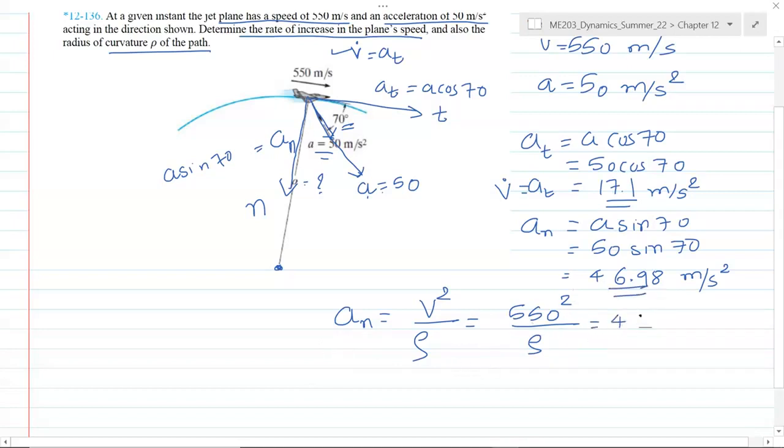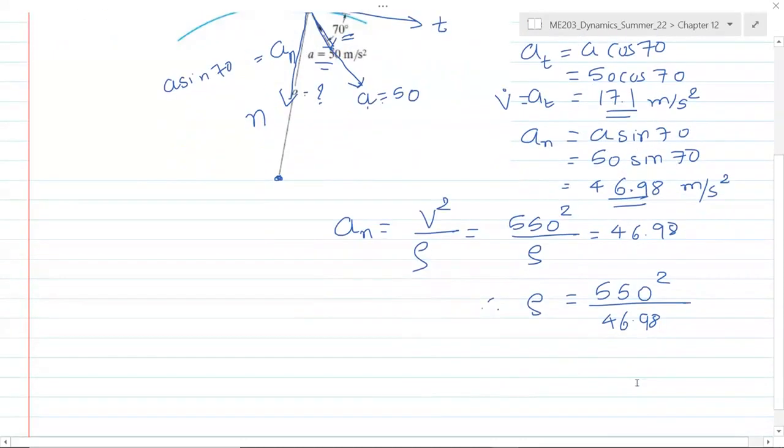So this thing is equal to 46.98, and from that we can calculate the radius of curvature, which is 550 square divided by 46.98, and that's a big number, 6,440. So we can write that as 6.44 kilometers.